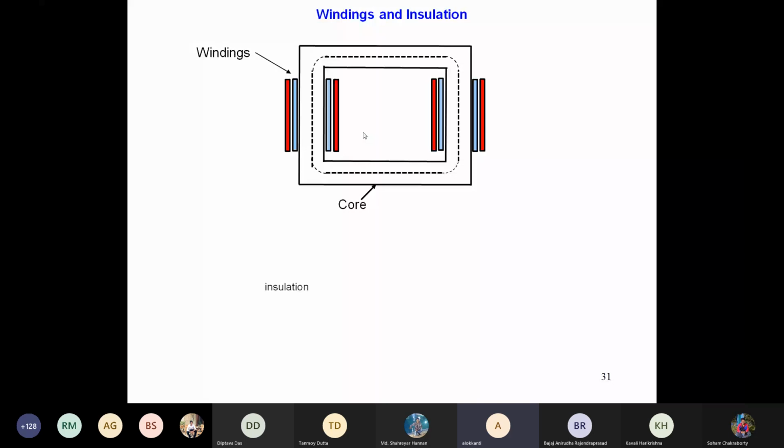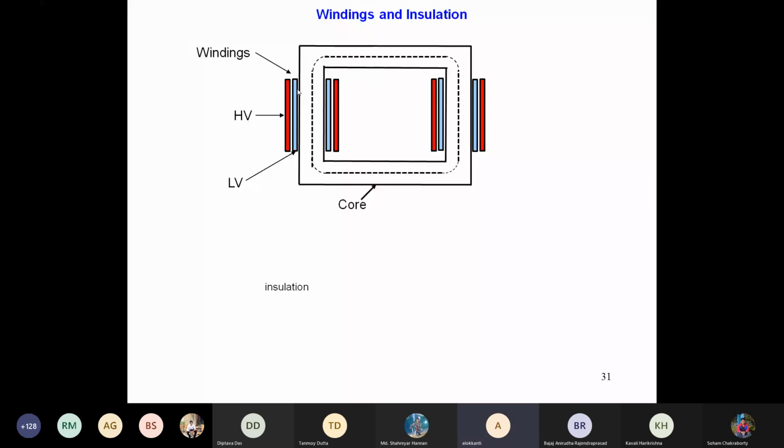As soon as you have high voltage, you need special protection. You need more powerful insulation. So you have to insulate the core from that high voltage winding. To use less insulation, we put the low voltage winding inside. The low voltage winding is the blue one, which is inside, and the high voltage winding is kept further away from the core. That is the logic, because as soon as your voltage level rises, you will have to use more and more insulation.